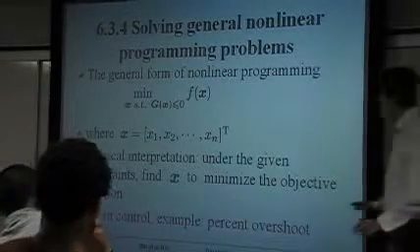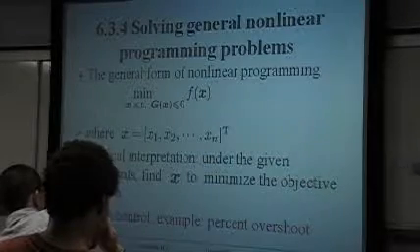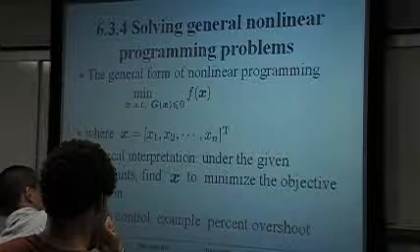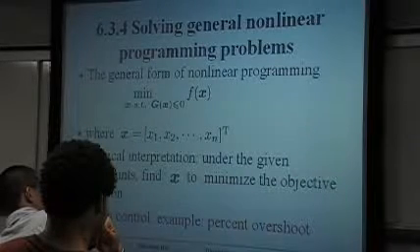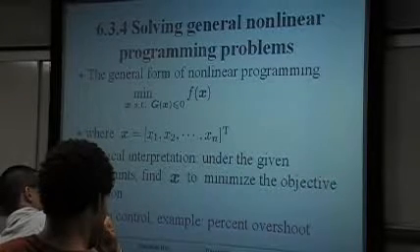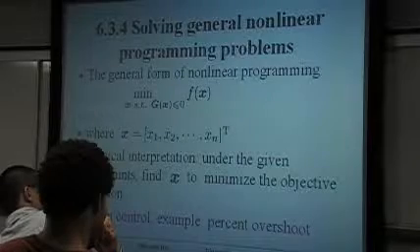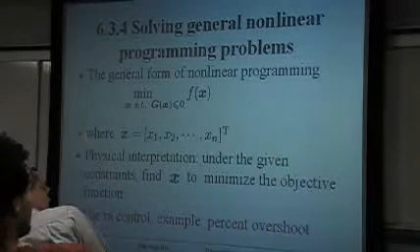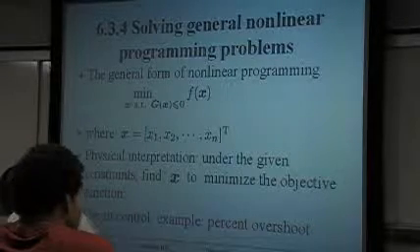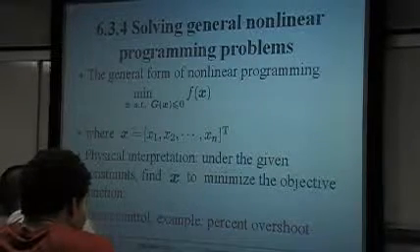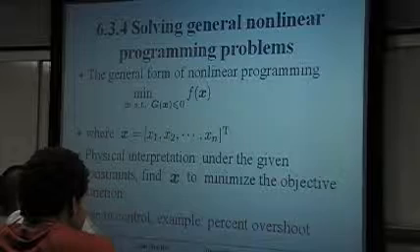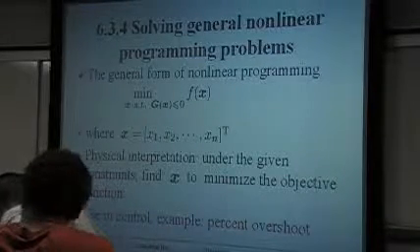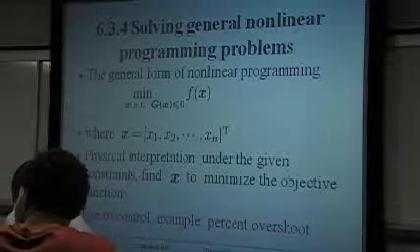For instance, if we design a controller and assume that the overshoot of the output could not be too high, we can require that the percent overshoot is less than 3%. So this is actually a constraint. We can add this kind of constraint to our control problems, or other application problems.